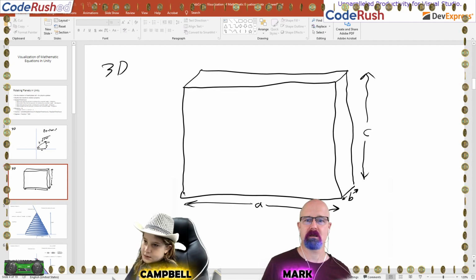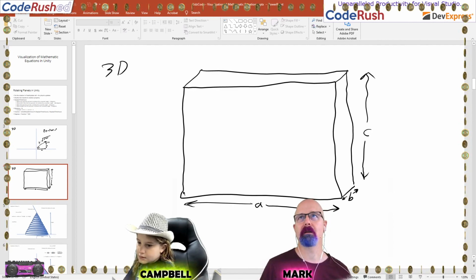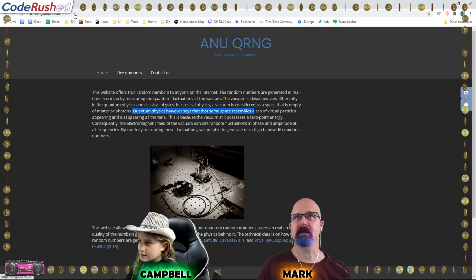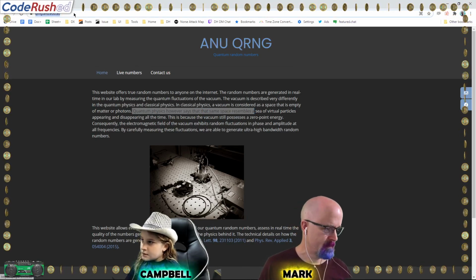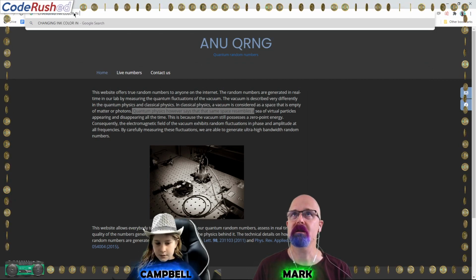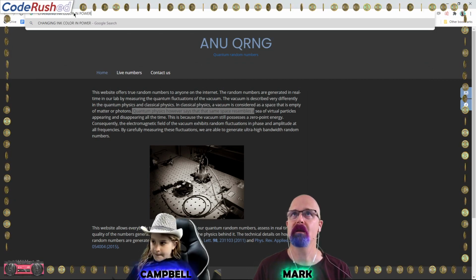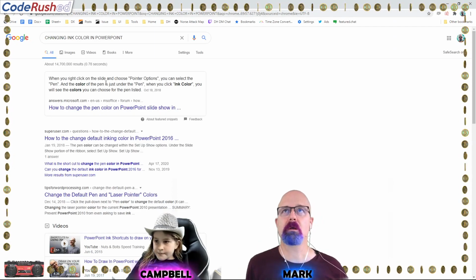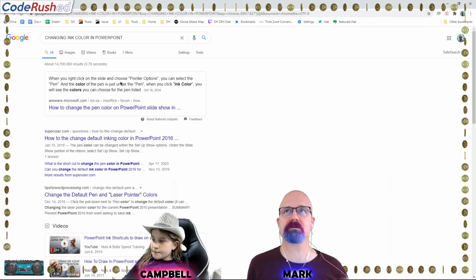Where's my ink color? Come on. Give me a second. I'm going to just see if we can change ink color in PowerPoint. What you got for me, Internet? Right click on the slide and choose pointer options. You can select the pen.